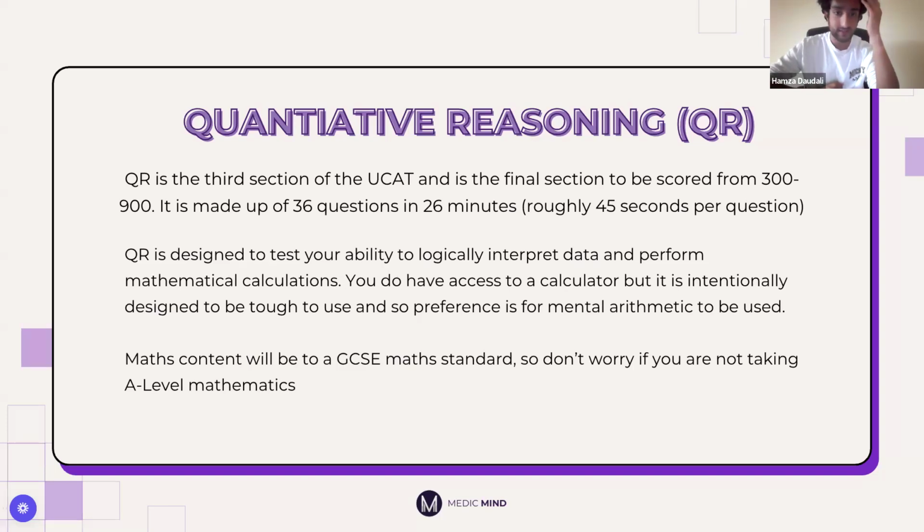QR is basically designed to test your ability to logically interpret mathematical data and perform basic mathematical calculations. I'll talk about this again more. You do have access to a calculator, but it's designed intentionally to be quite tough and cumbersome to use. There is a general preference for mental arithmetic to be used if possible.